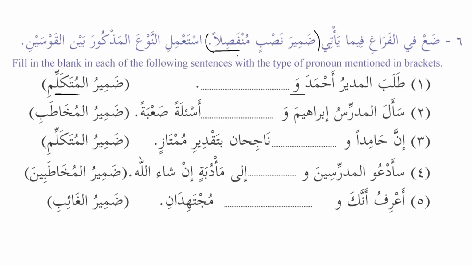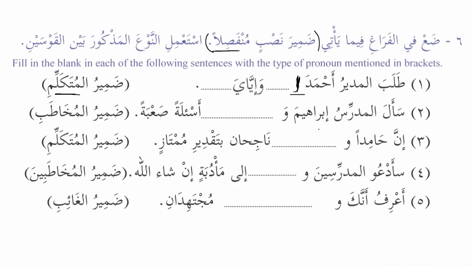So we have to use the detached pronoun, which will be وإياي. What will be the answer? وإياي. And we know that after حرف عطف we have to use the detached pronoun. So we will say طلب المدير أحمد وإياي. And the manager asked about me, or called me and Ahmed.